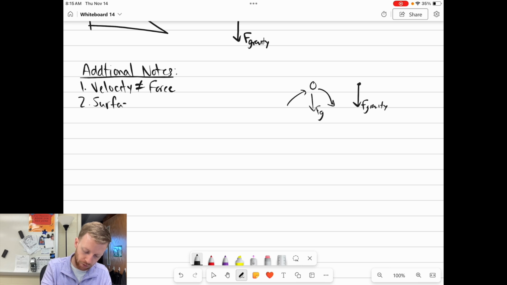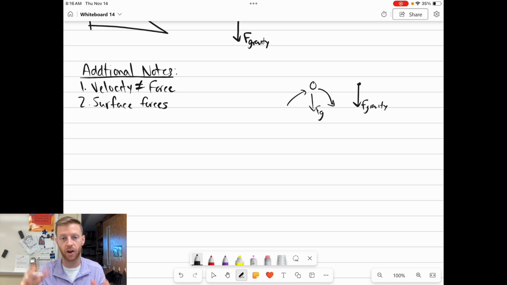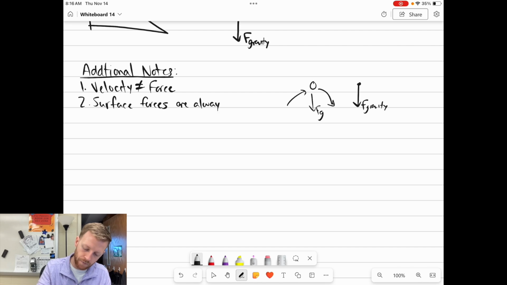Second, surface force, that force that seems to be pushing up on our tables, on the ground, on the inclined plane, is always perpendicular to the surface.